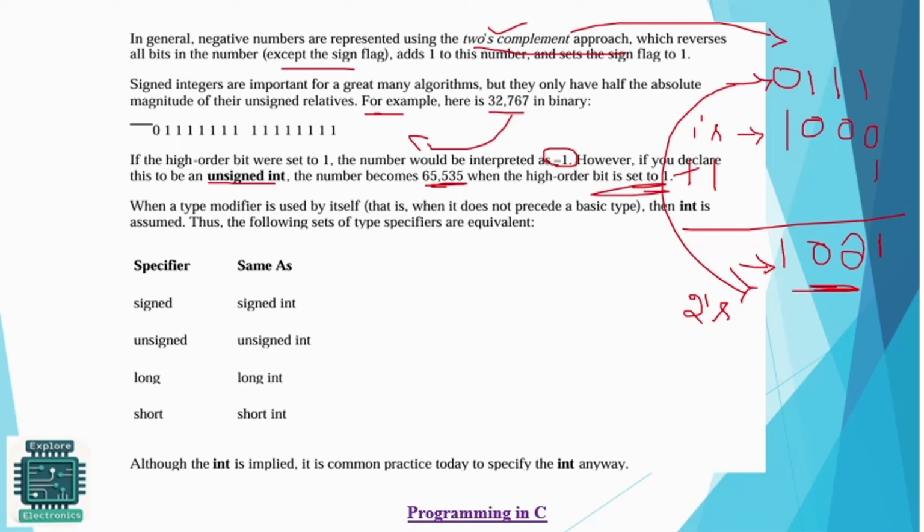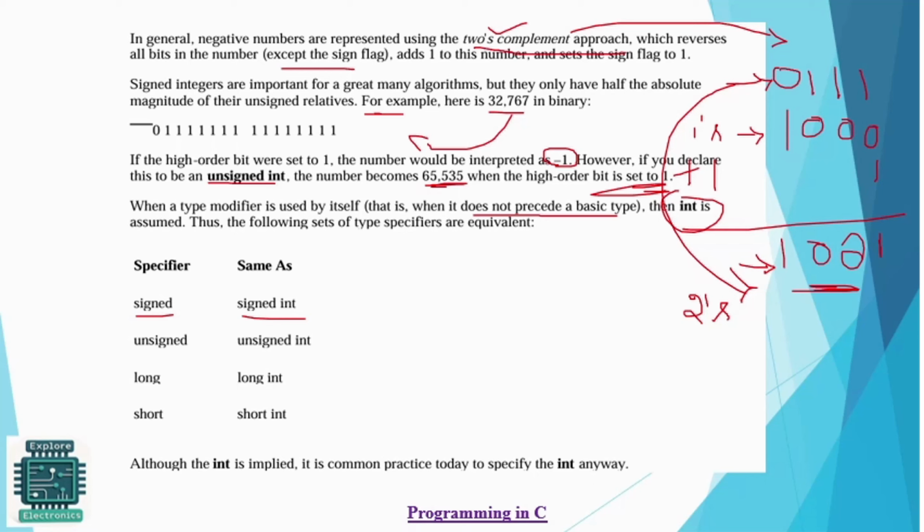Now, when a type modifier is used by itself, that is, when it does not precede a basic type, then int is assumed. Means by default, if anything is not mentioned in the type, it is assumed as int type. Here you can see, for example, signed is the same as signed int.